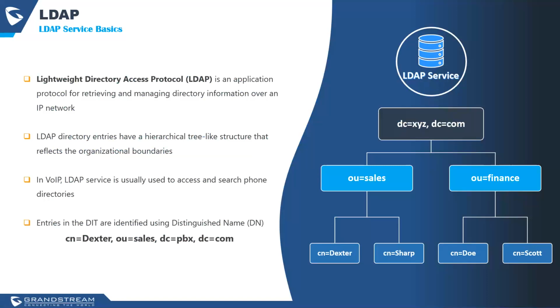The LDAP directory is organized in a hierarchical tree-like structure, which usually reflects the organizational boundaries. At the top of the directory tree is the root, and it always includes the DC, which stands for domain component, and which usually represents the domain of the organization or the company.